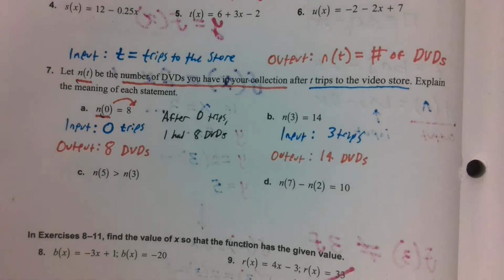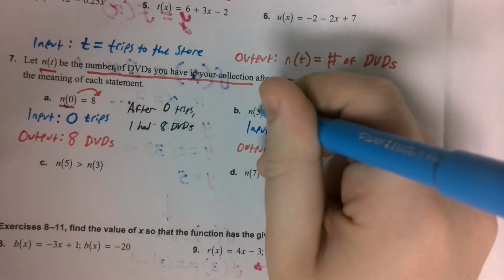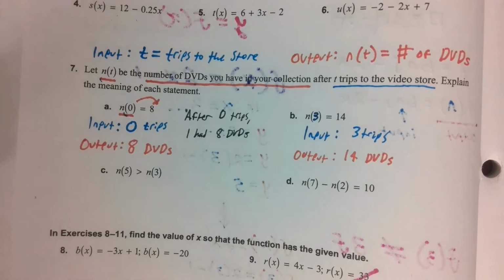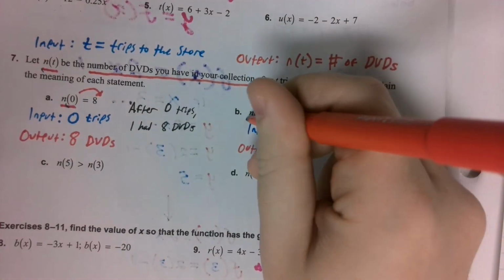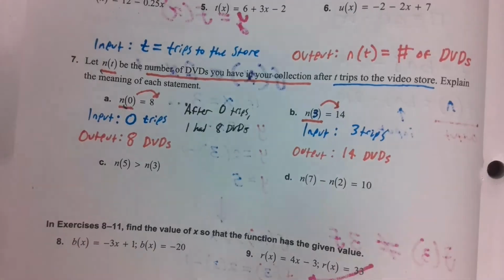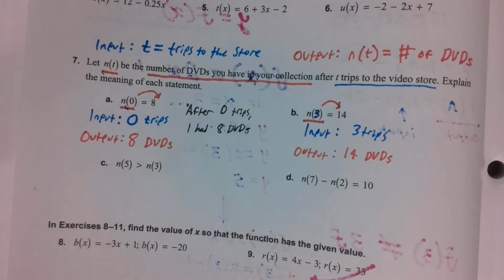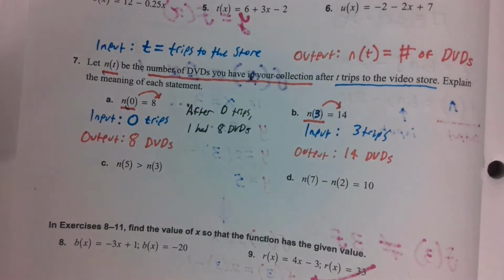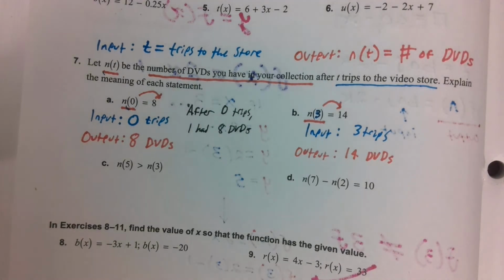If not, as a reminder, your input is the number inside of the parentheses. Your output is whatever n of that thing equals. So in this case, an input of 3 trips and 14 DVDs could be interpreted a number of ways. I think the most basic way to interpret it is, I took 3 trips to the DVD store and bought 14 DVDs through that time.